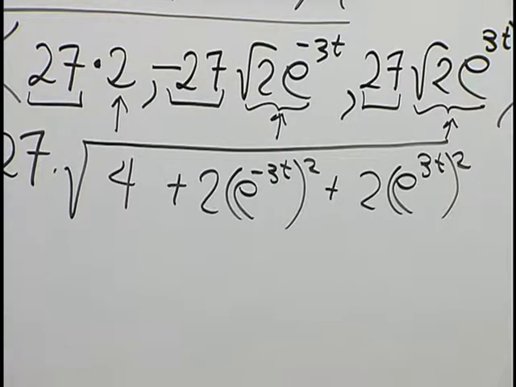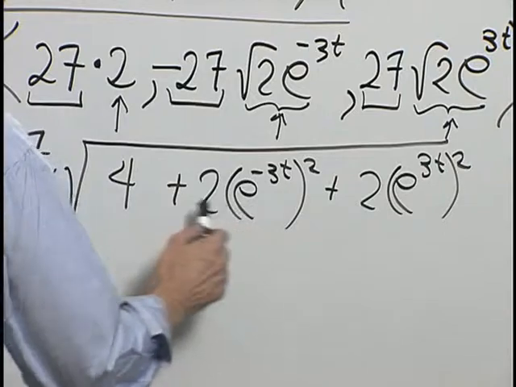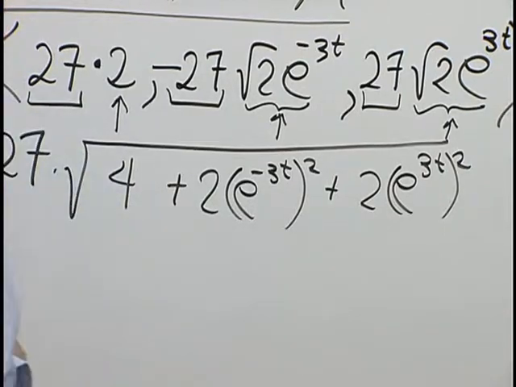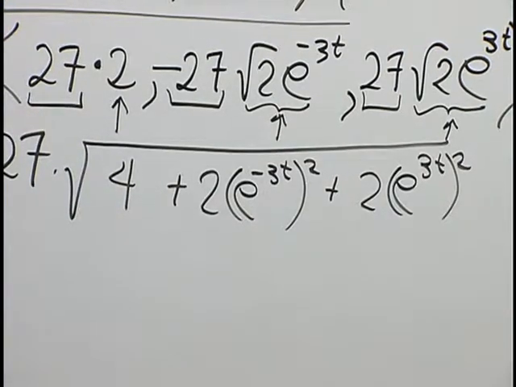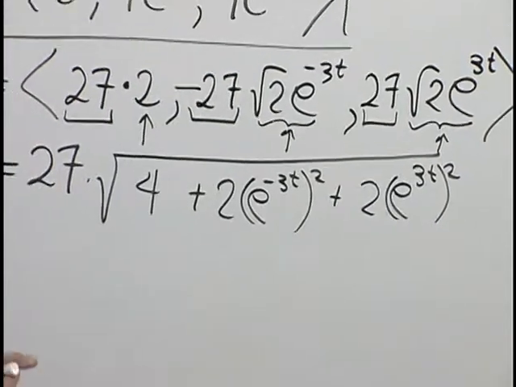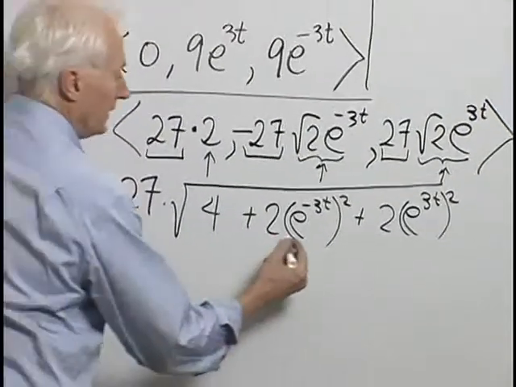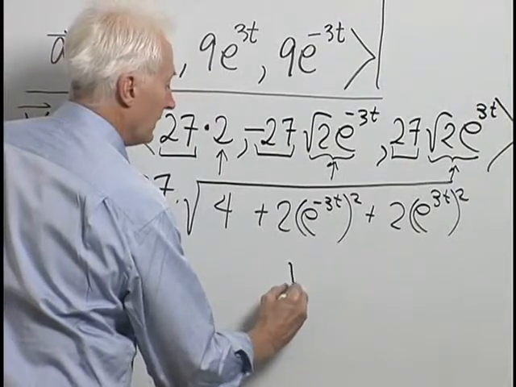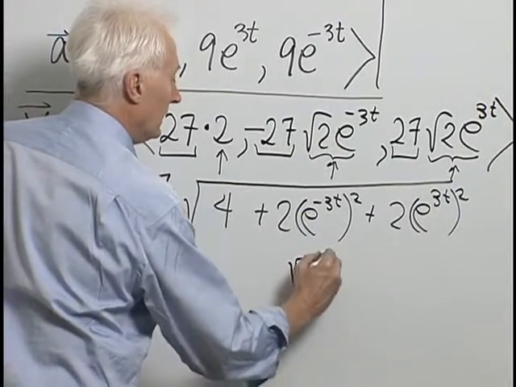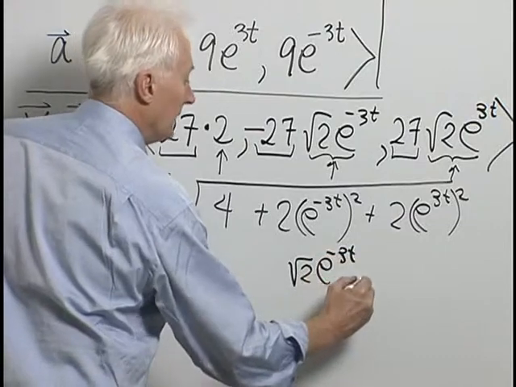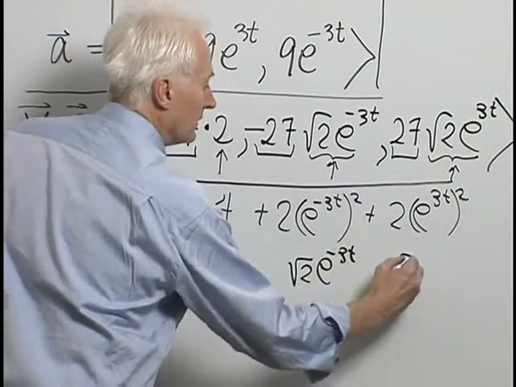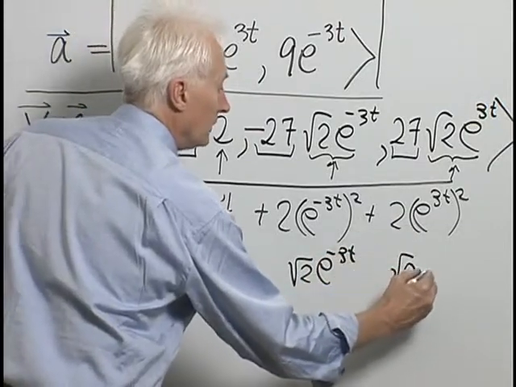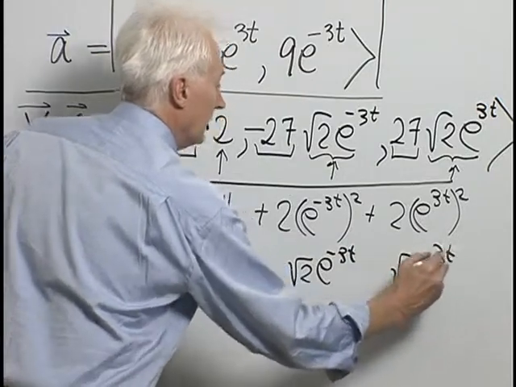Okay, when we look at what's inside the radical, we might be suspicious that in fact there's a simplification like we did before when we found the speed. In fact, let's look. This term with the e to the negative 3t is the square of the quantity square root 2 e to the negative 3t. This term is the square of the quantity root 2 times e to the 3t.